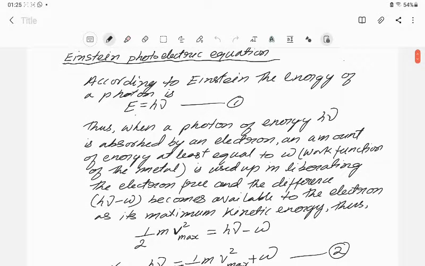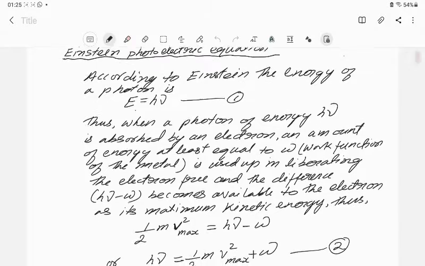We have also studied that in order to eject an electron from a metal surface we need a minimum energy. That minimum energy is called threshold energy or work function.